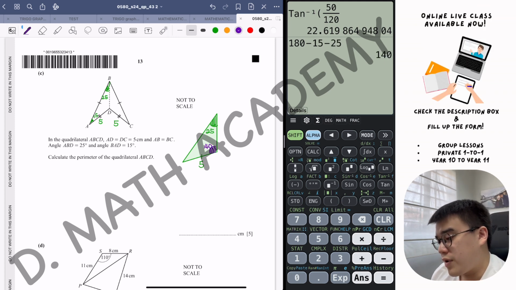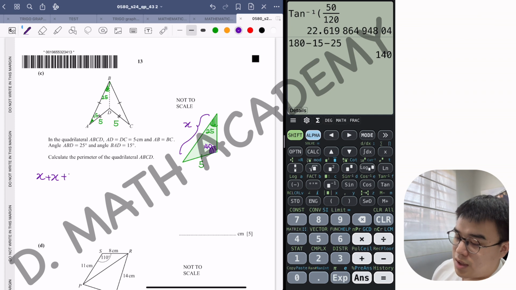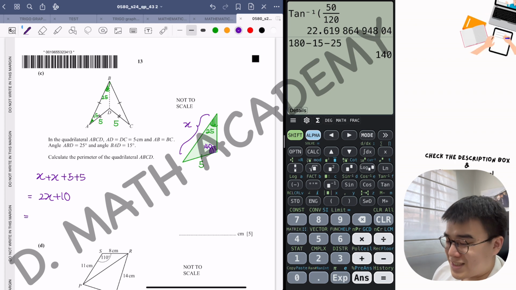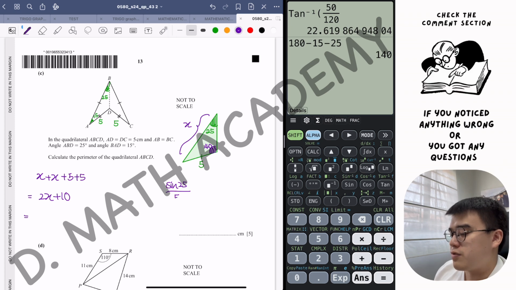Okay, and I can find my AB's information. The perimeter of this quadrilateral is formed by having x and 5 and 5. So 2x plus 10 is pretty much my final answer, but finding x becomes the important thing here, which I have the sine rule to help me with.